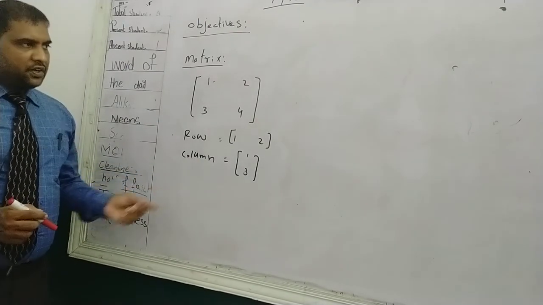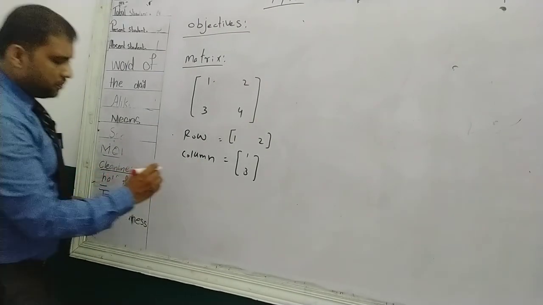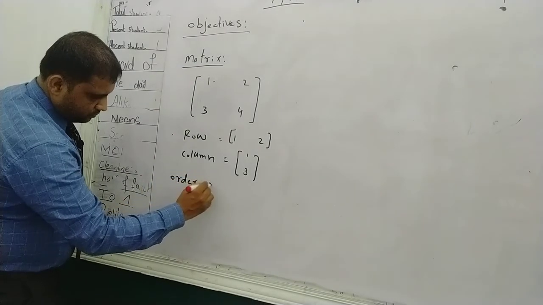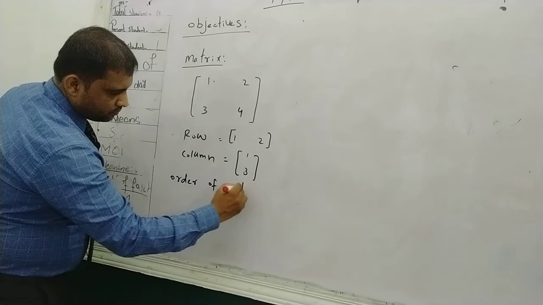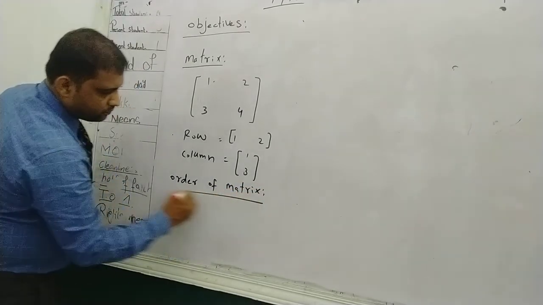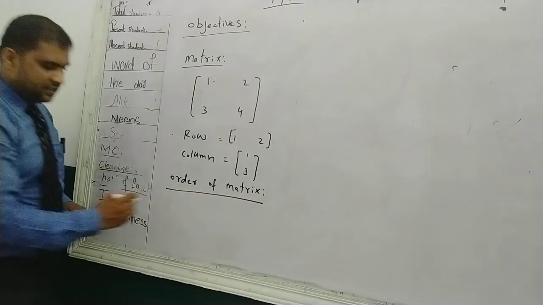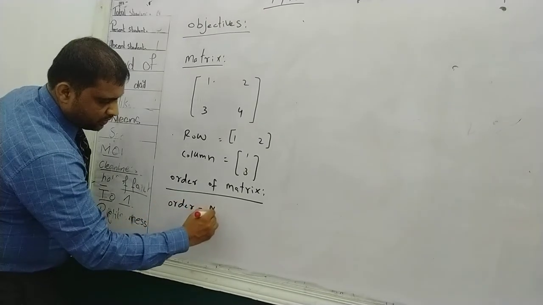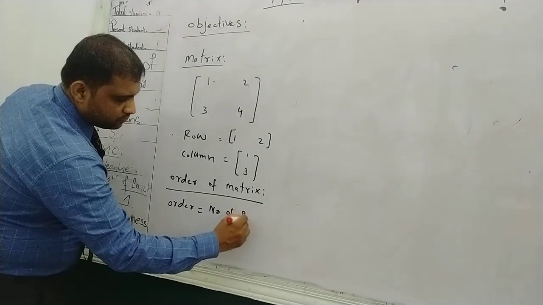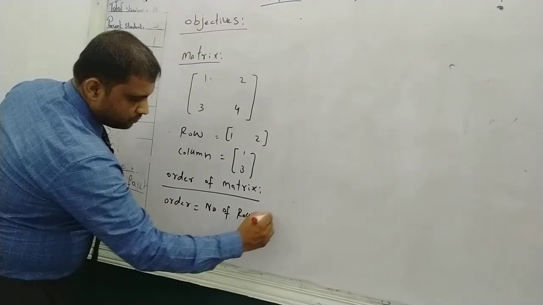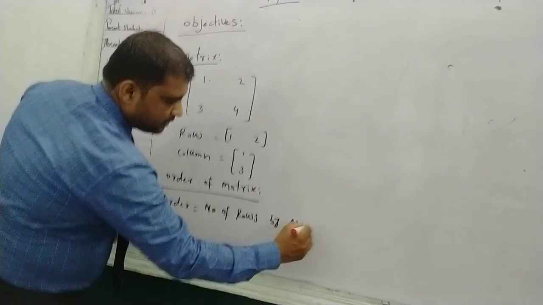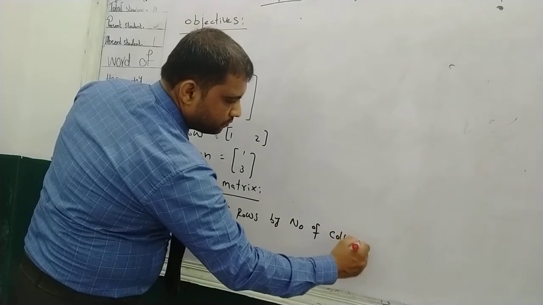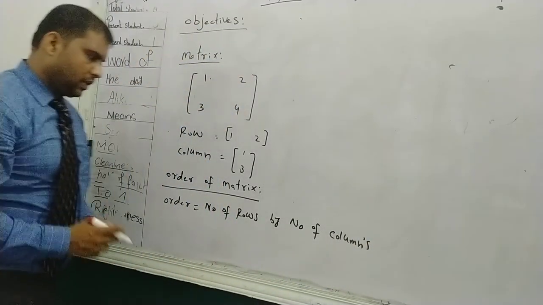So what is the order of a matrix? Order of matrix is number of rows by number of columns.